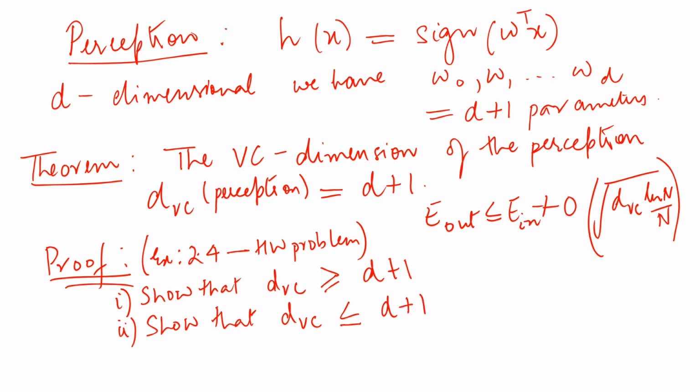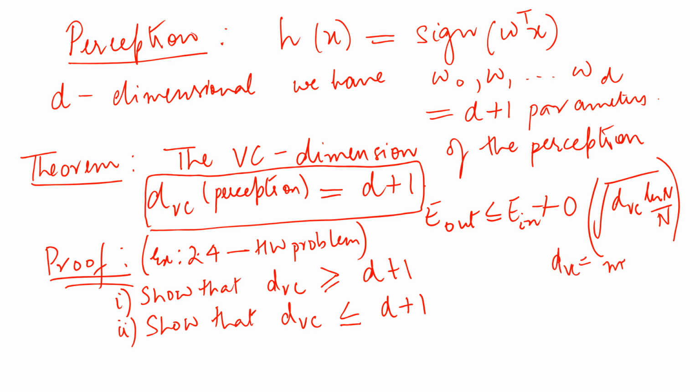Mathematically speaking, if we combine both these results, you can conclude that the VC dimension of a perceptron is d plus 1. And just a quick reminder, what is a VC dimension? If we forgot, it is the max number of data points that you can shatter.